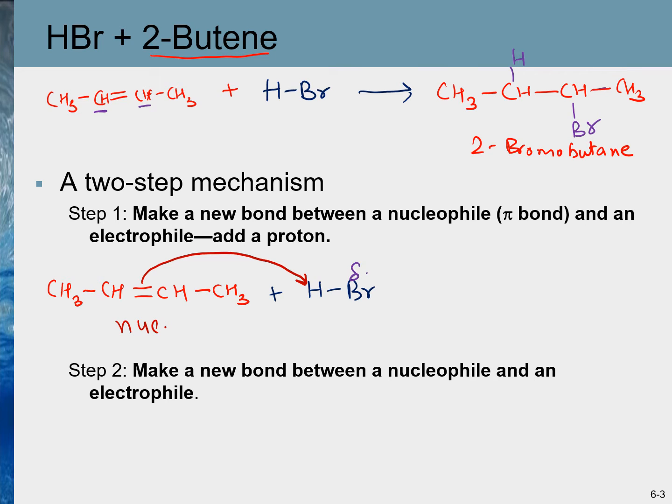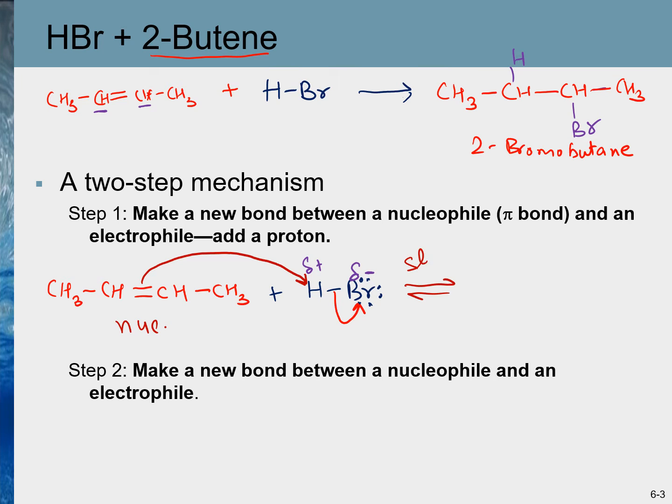Bromine is partially negative and hydrogen is partially positive, and that partial positive charge on hydrogen is enough to attract the attack by the nucleophilic alkene. So this nucleophile will attack the hydrogen in order to preserve the duet valence shell around the hydrogen. So this sigma bond will move and those electrons will jump to the bromine atom.